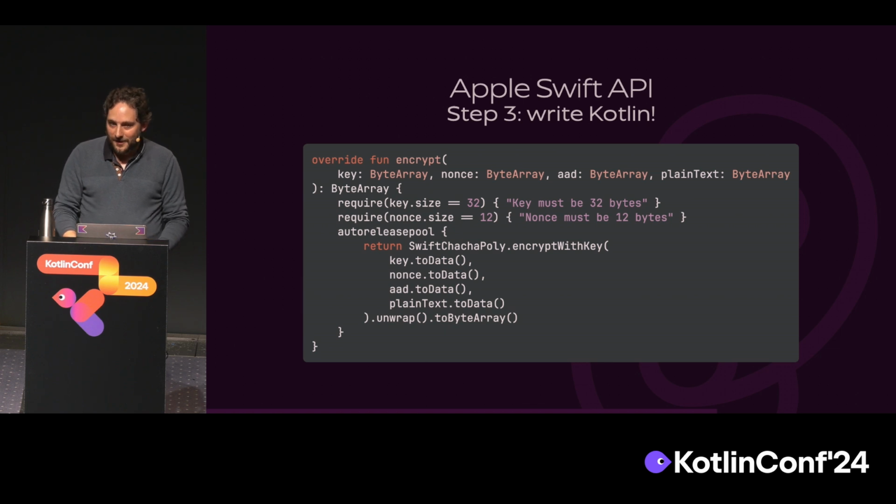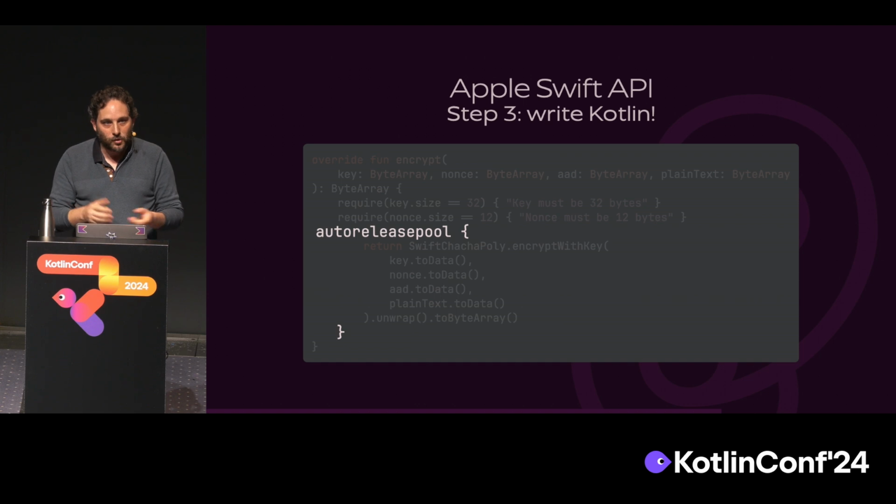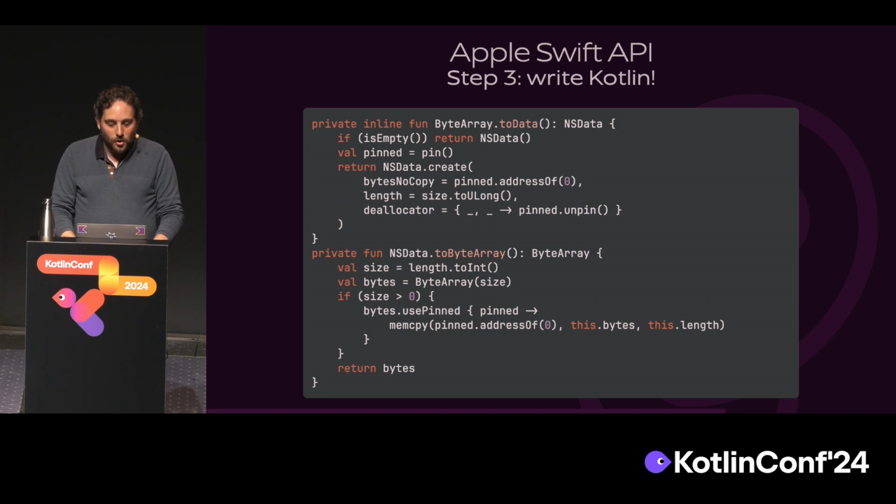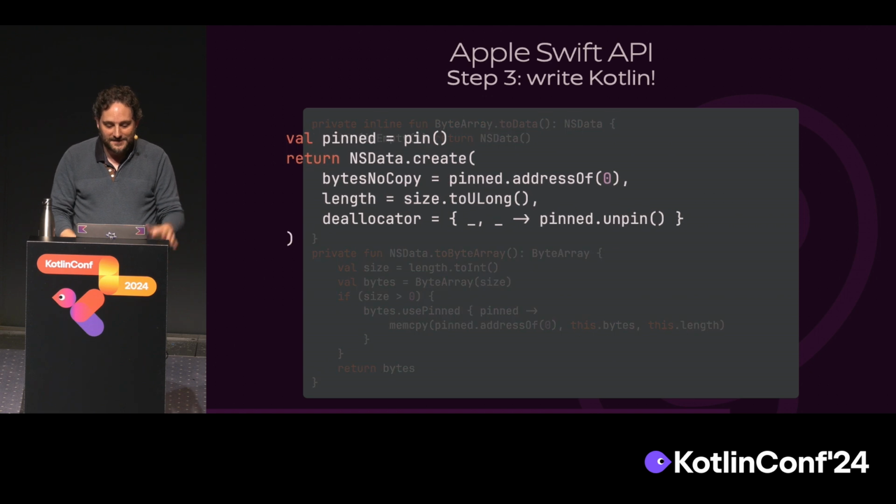The only new thing here is that because we're using Objective-C and not C, we can access the autorelease pool, which is another way of auto-managing the memory and making sure that we don't have native memory leaks. And what's also cool is that because we're using Objective-C and Apple libraries, we could have things like: I want to access the native memory of my byte array, so I pin it, but I don't know when I will need to unpin it, and I can give a deallocator when I create the NSData.